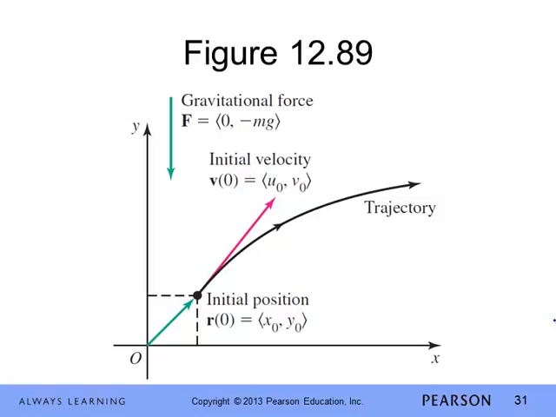So then we have r of t is equal to, because C sub 3 is equal to x sub 0, C sub 4 is equal to y sub 0, that means the x component of r is u sub 0 t plus x sub 0. So x sub 0 plus u sub 0 t, comma, and then we're going to have y sub 0 plus v sub 0 t minus 1/2 g t squared.